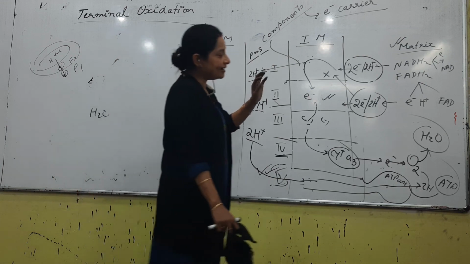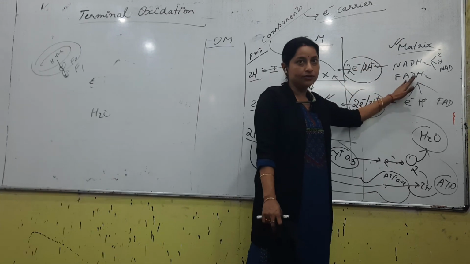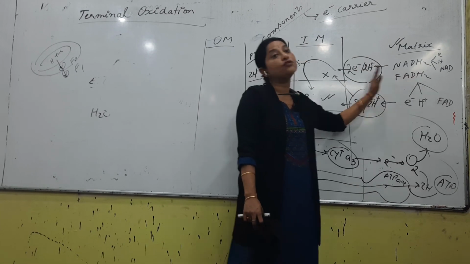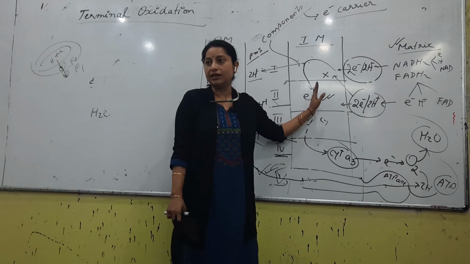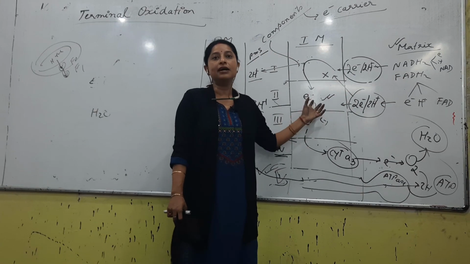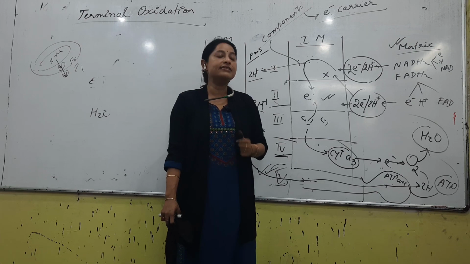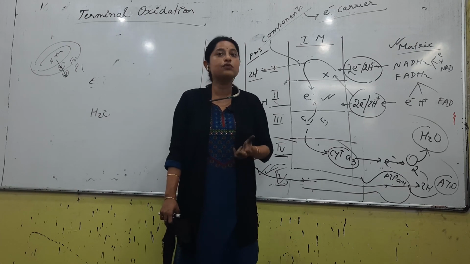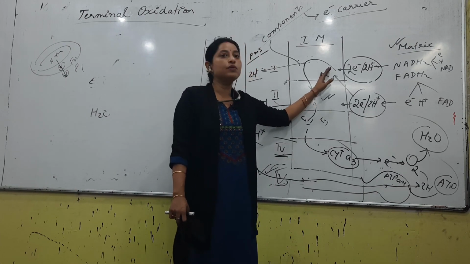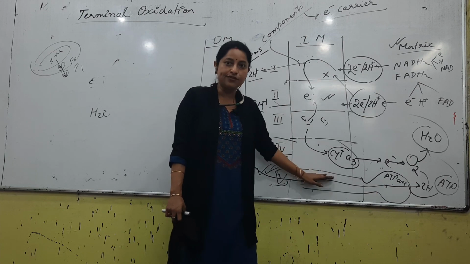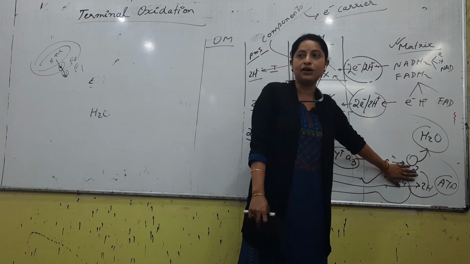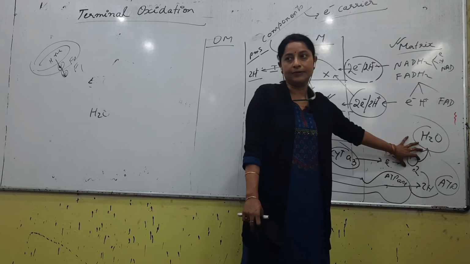When NADH2 and FADH2 get broken down, the electrons and protons are pushed out from the matrix to the inner mitochondrial membrane, and when they are coming out, they always come out in a team that consists of 2 electrons and 2 protons together. The 2 electrons will move from complex 1 to complex 4 and ultimately would be accepted by oxygen in the matrix of mitochondria, right?